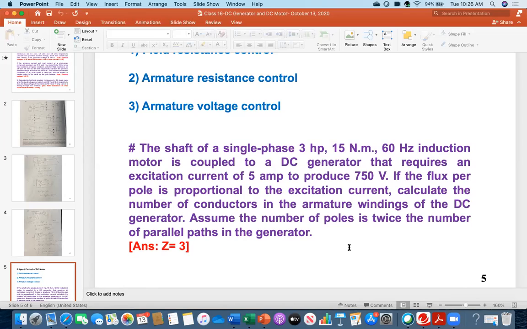Everybody see, because it is G, you again have to write down the same equation that you used in previous problems, and I think the first problem today, that E equation, E equal to phi Gn over 60 multiplied by P by A. That is the equation that you need to use.